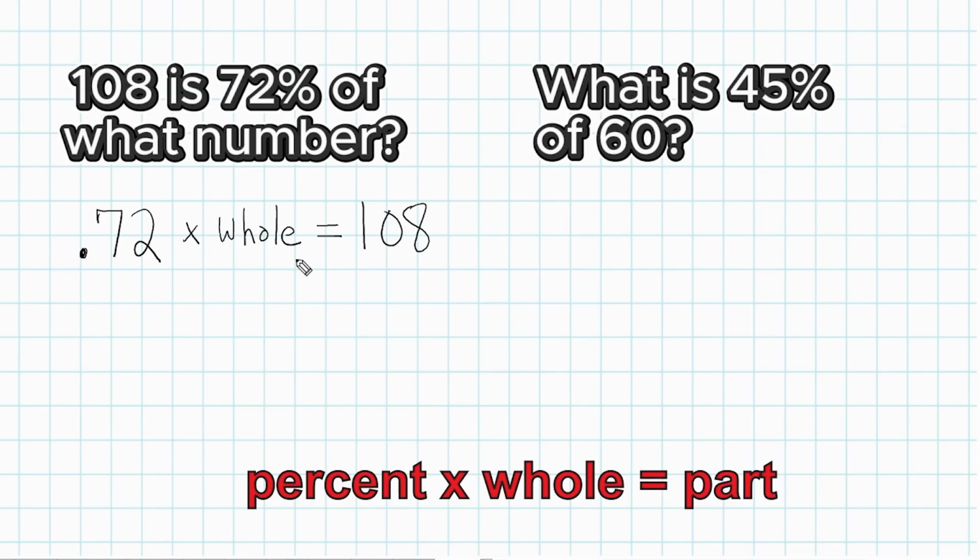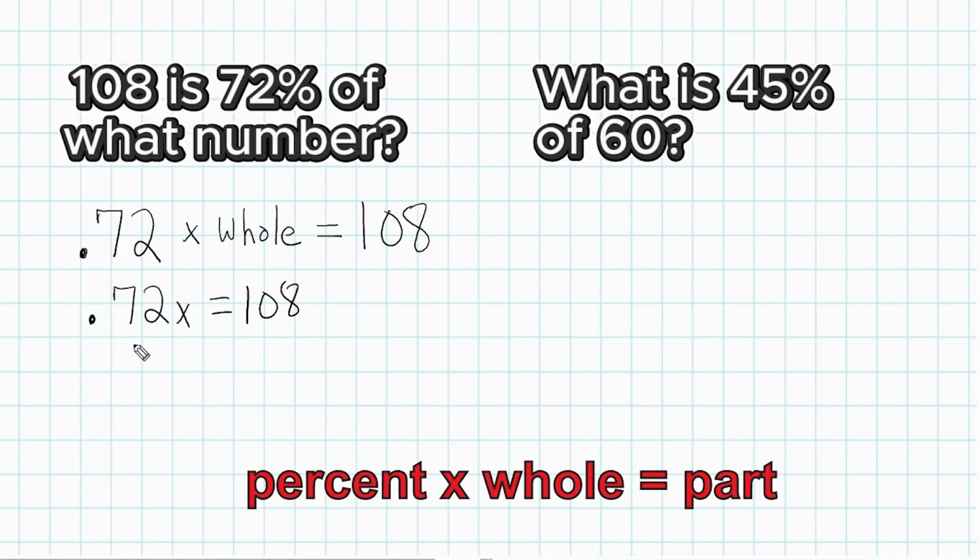All right, to figure out what this whole amount would be, we would do the inverse of multiplication. Because whatever this whole amount is times 0.72 is going to be equal to 108. That means 108 divided by 0.72 will equal the whole. Now, I could write this algebraically. We can say 0.72x equals 108.